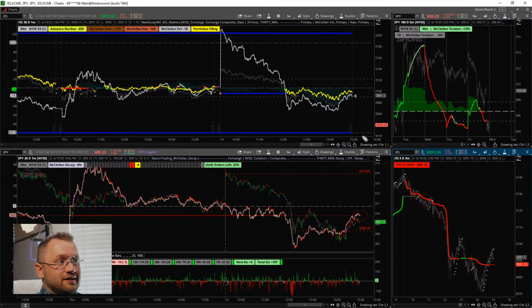Okay, next thing. So what's coming up next? Well, the next thing right here is if we can get this to move up and we can get tension. I think what the bulls want at this point is to get tension above zero and daily tension above zero.